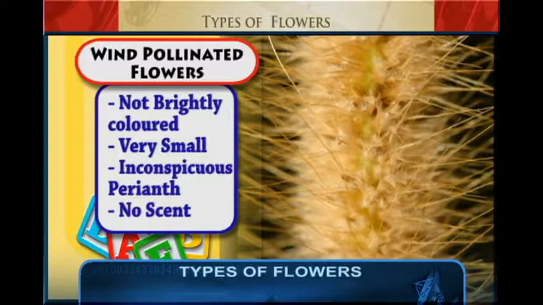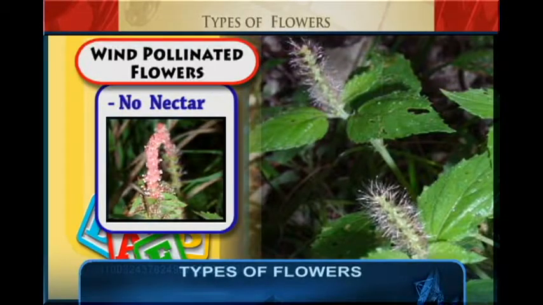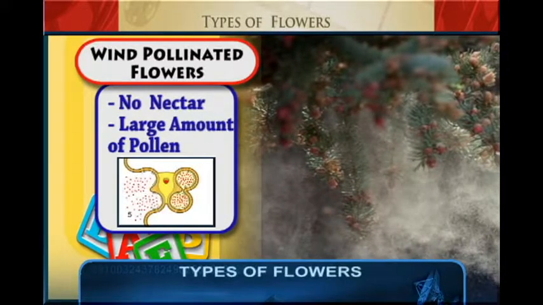Neither do they produce any nectar, because they do not undergo pollination that requires the pollinating agent to come and do the pollination. Therefore, they do not produce nectar, but they produce a large quantity of pollen.